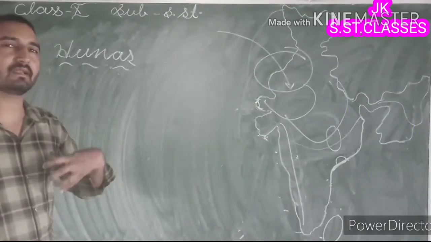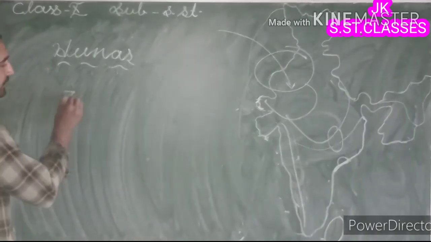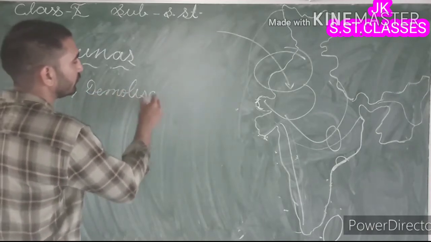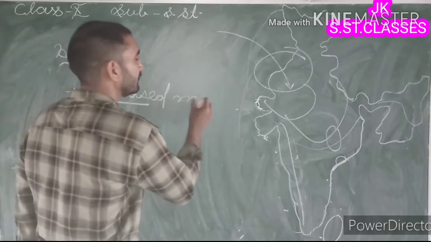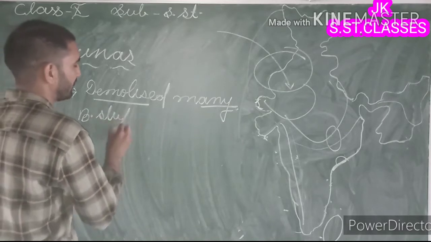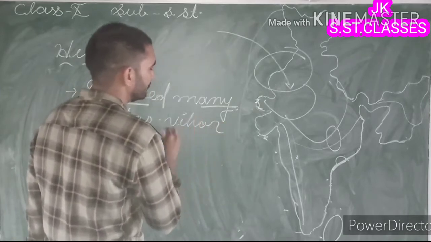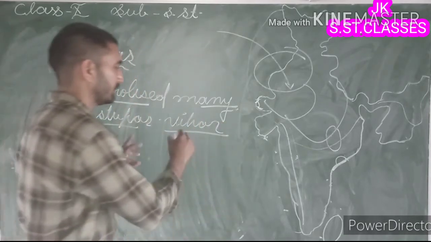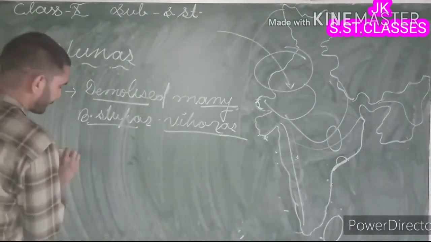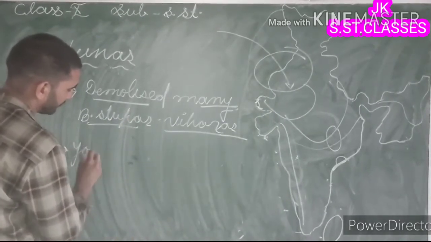He had a deep hate inside his heart for the Buddhist bhikshus, the monks, and in this way he ordered the demolition of many Buddhist stupas and viharas. So many Buddhist architectures were demolished by Mihirkula. Later he was defeated by the Malwa ruler Yasodharman.